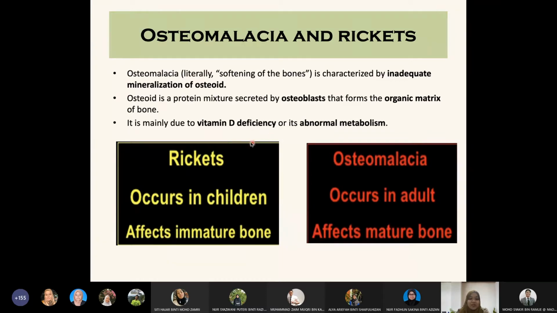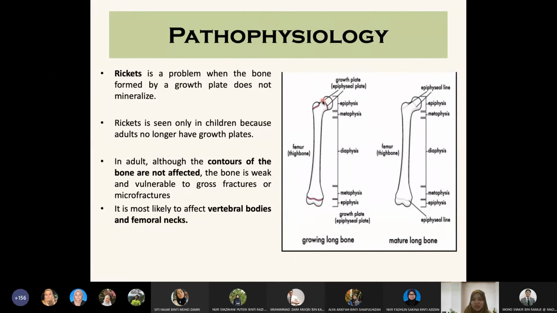Okay, so it is due to vitamin D deficiency, and bear in mind in children it causes rickets, in adults it is called osteomalacia. Okay, in children they still have these growth plates, so that's why when vitamin D deficiency happens in children since childhood, it will affect the osteoid in the growth plate.